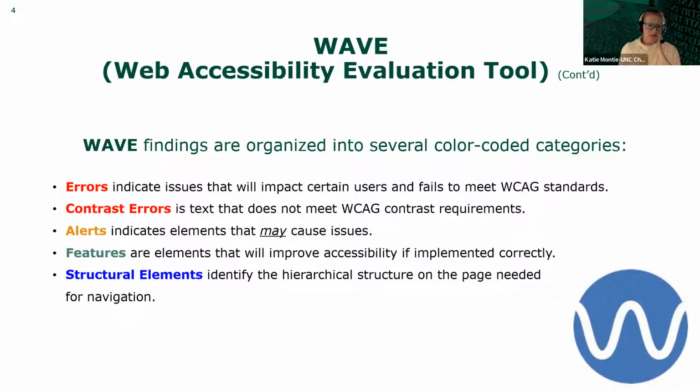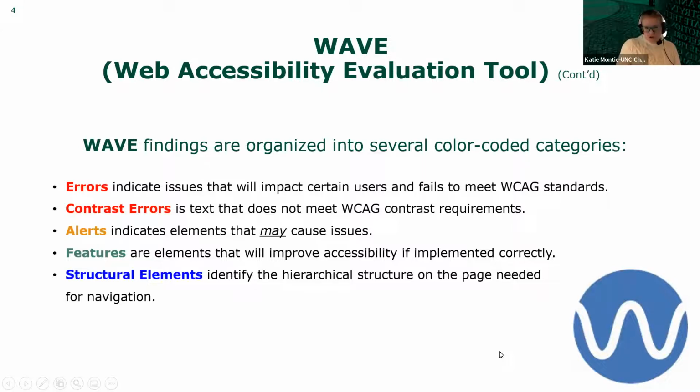So it'll tell you errors, which indicate issues that can impact certain users and things that fail to meet the WCAG standards. Then it breaks it down into things like contrast errors. That's something that we talk about in a different session, but it will share what color contrast is not a good high contrast for people that have low vision.